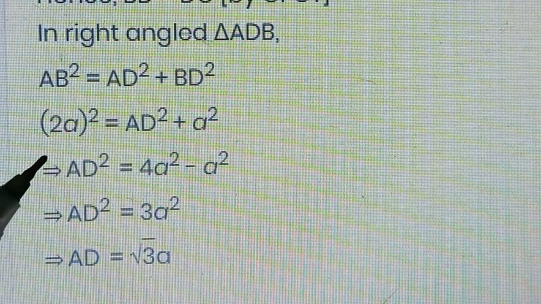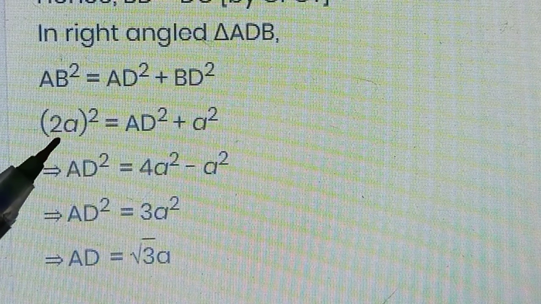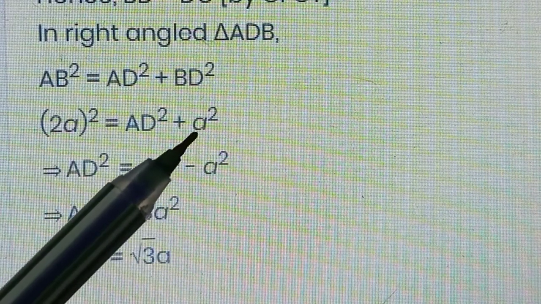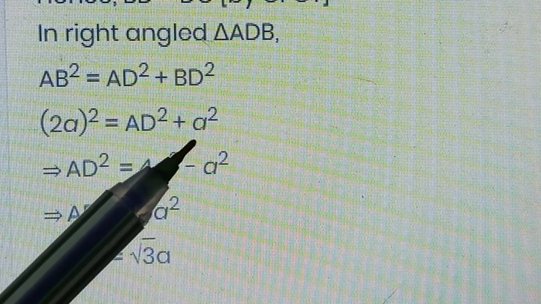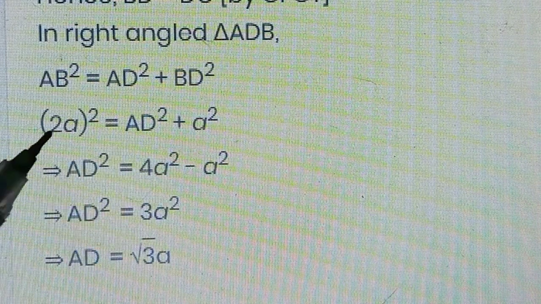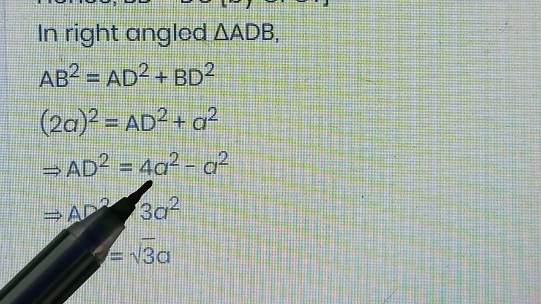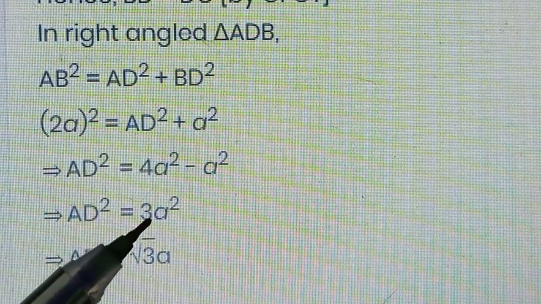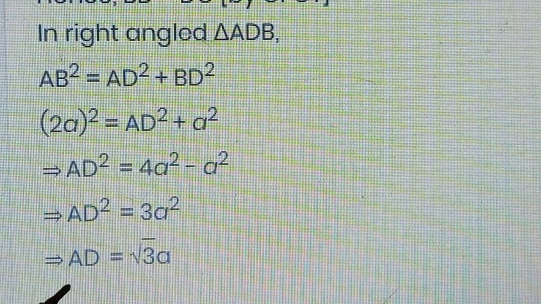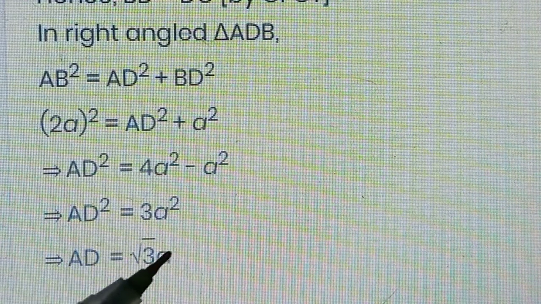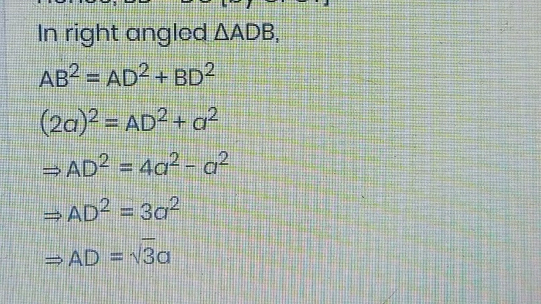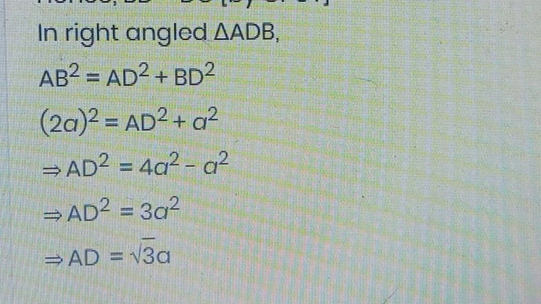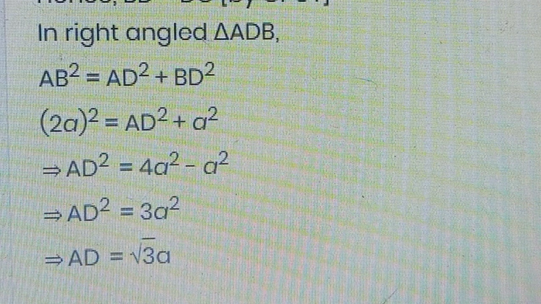So from the figure it was clear which side AB was given as 2a, and this will become half, so it will become a square only, and this we need to find, so that becomes whole square, 4a square. This goes to the other side, minus a square. So AD square is coming as 3a square. Therefore, AD taking root both the sides is root 3 a. Hence, each of the altitude of this equilateral triangle will be root 3 a unit.